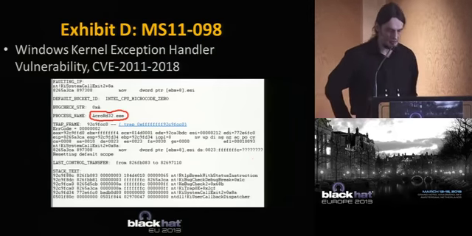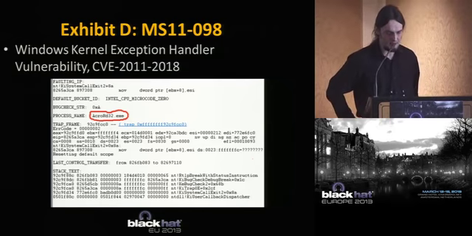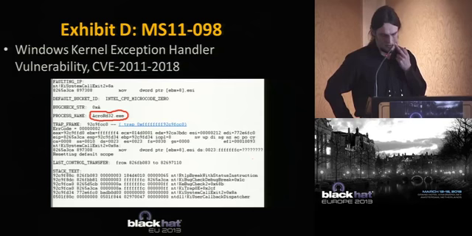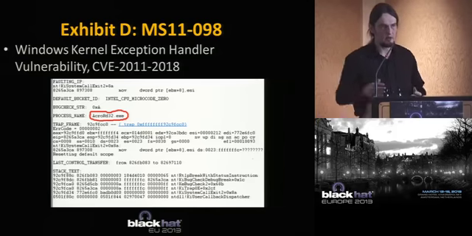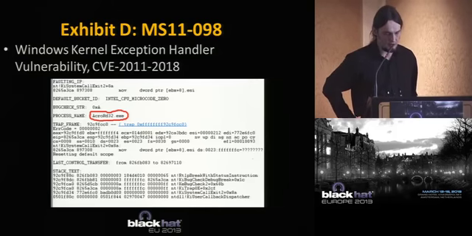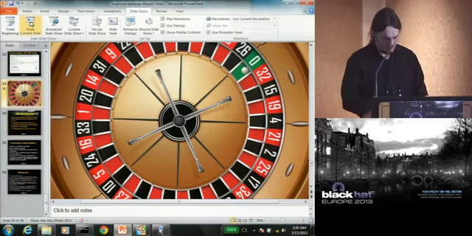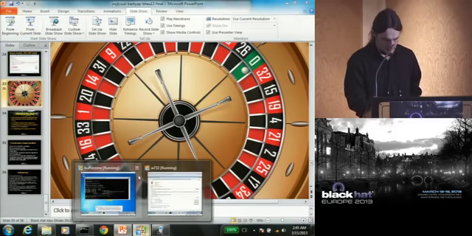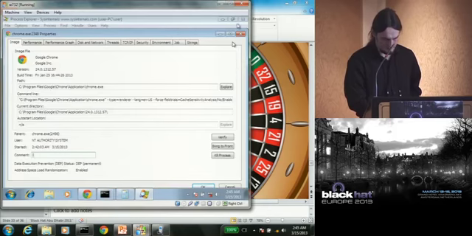Let's have a look at another vulnerability, this time fixed in Microsoft Bulletin 1198. It was titled Windows Kernel Exception Handler Vulnerability, which frankly doesn't make sense. Again, the vulnerability is in the core of the operating system. This time it was related to handling Local Descriptor Table entries. So this will be the final example.